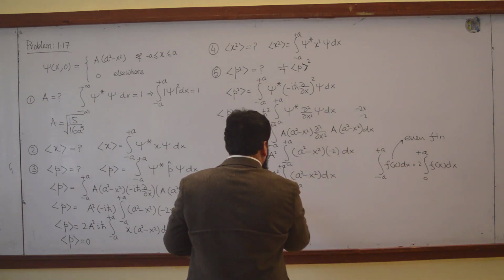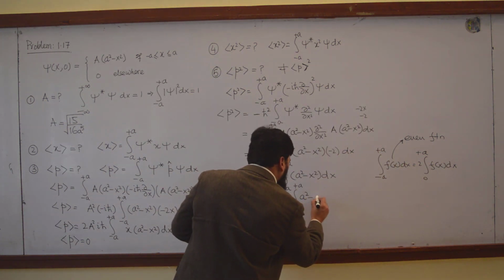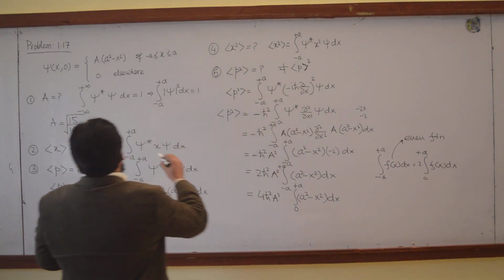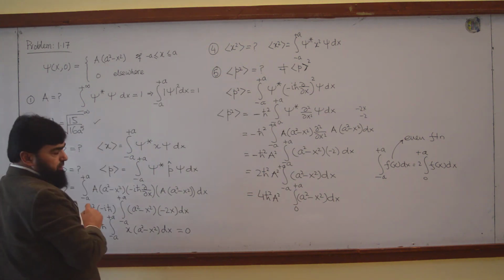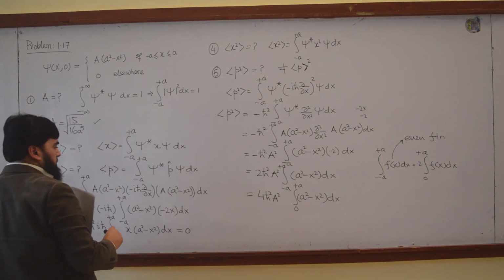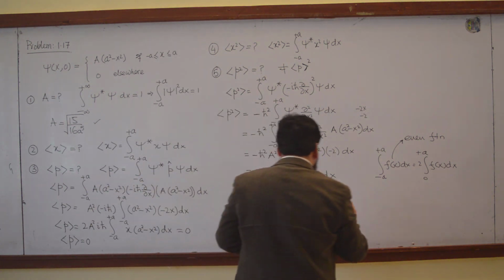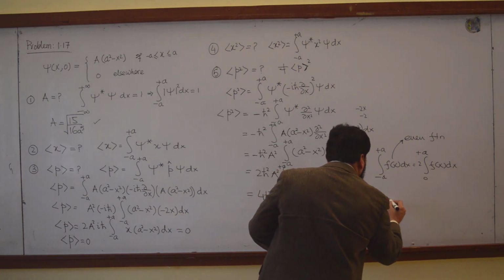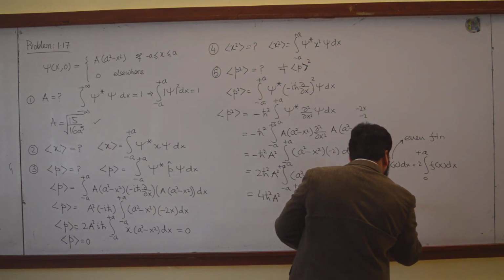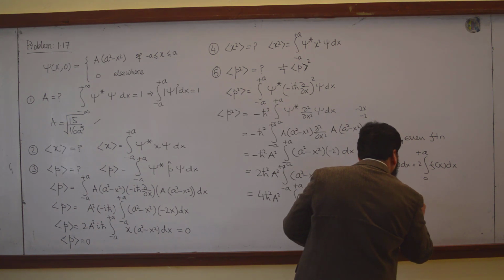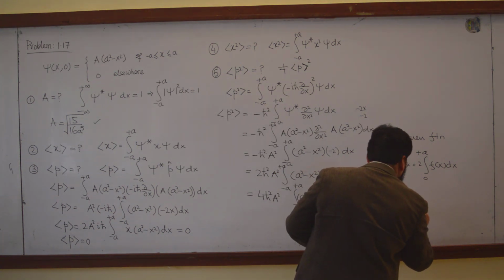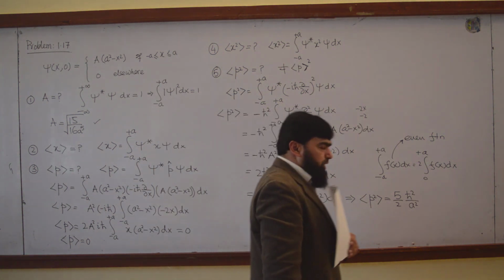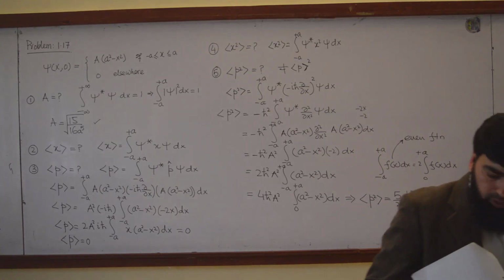So you can write this as a square minus x square dx. You can put the value of a from here. So a square will be 15 by 16 a square, and finally you will get that the expectation value of p square is equal to 5 by 2 h bar square over a square. This will be the expectation value of p square.